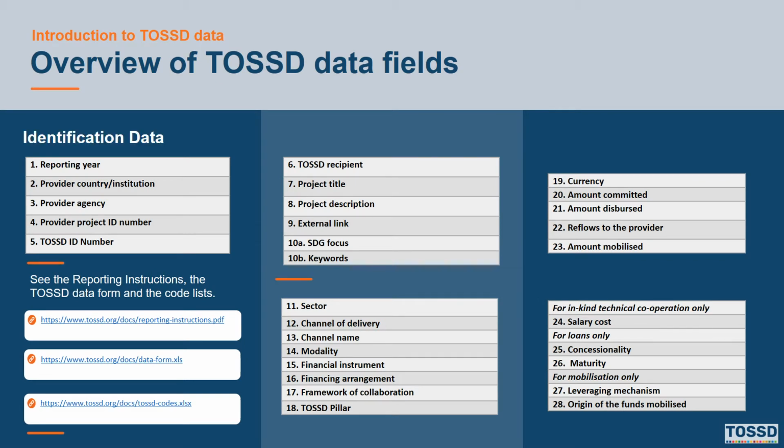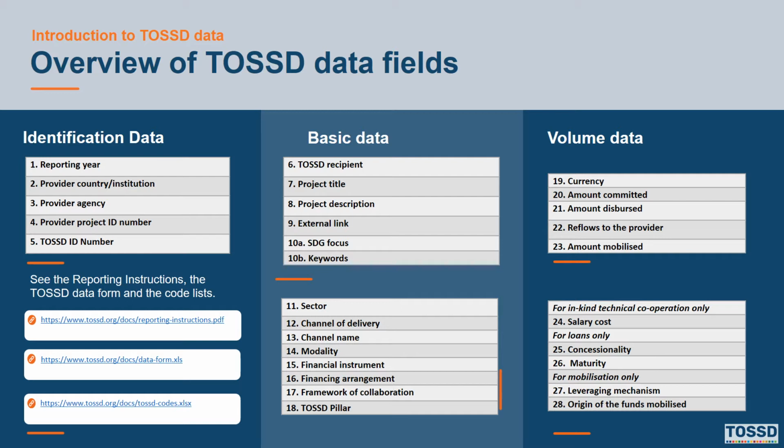So the TOSD data fields are divided in 3 sets of fields. We have identification data, which includes the reporting year, the country, the provider, and so on. The basic data, which are the basic elements of the projects, that includes the recipient, the title, the description, the sectors, and so on.